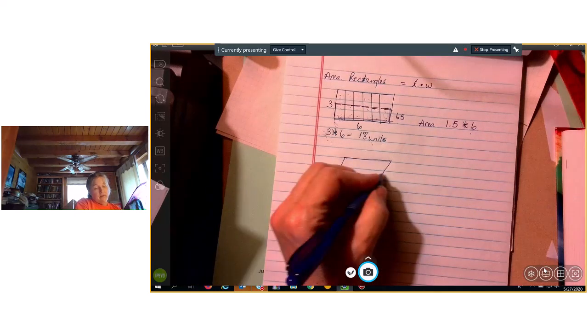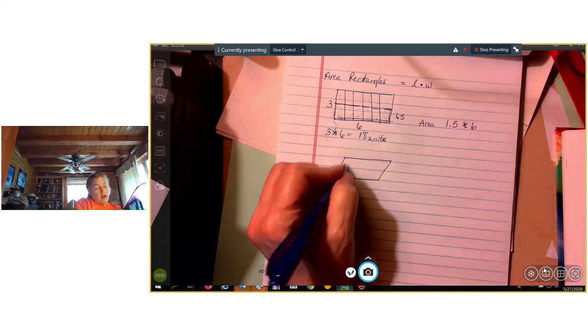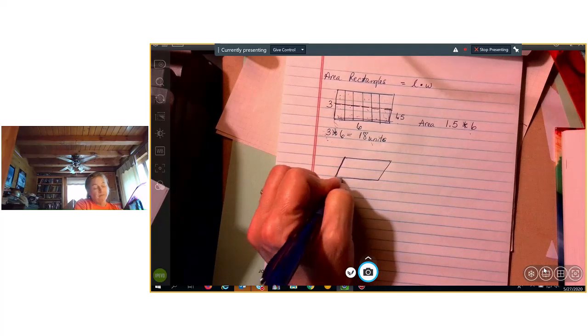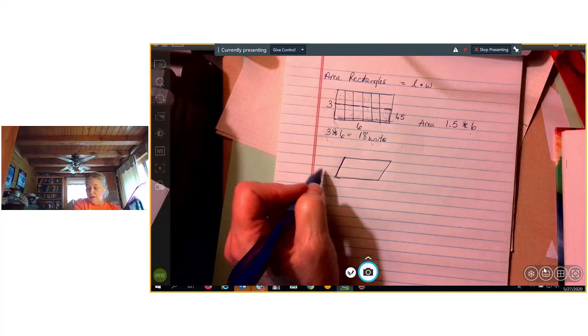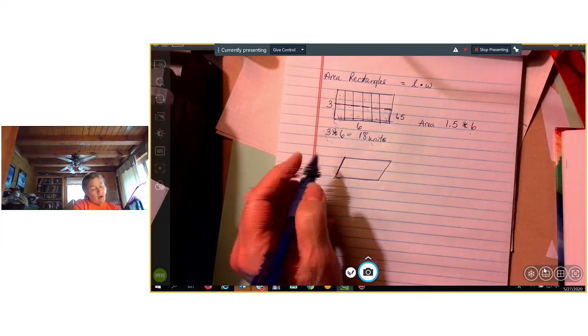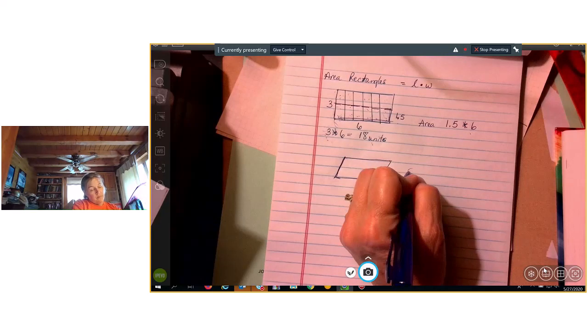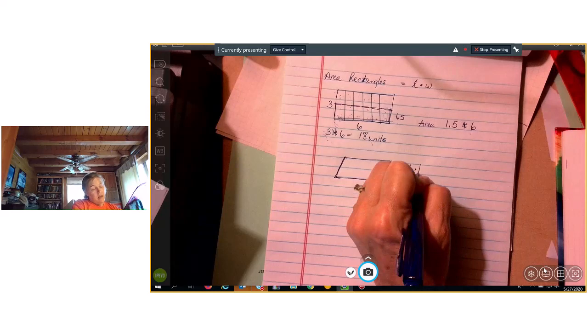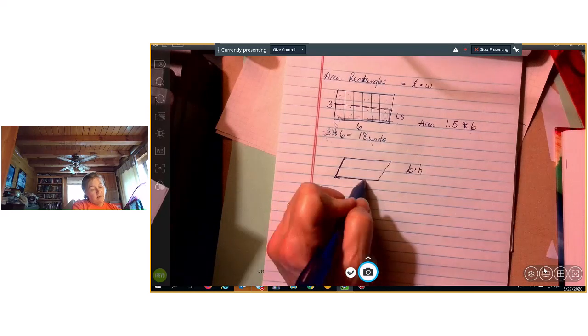So it's kind of like got this stutter step in here. But if it was drawn to scale, which we know my drawings are never to scale, to find the area of this, it is what we call base times our height.